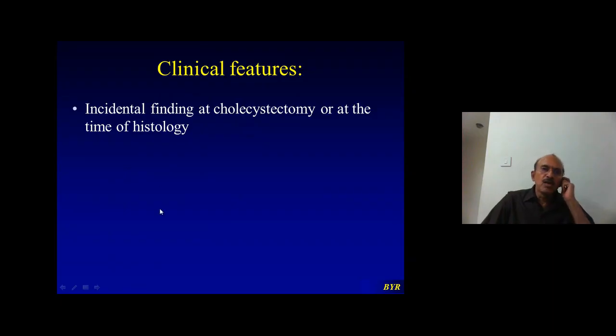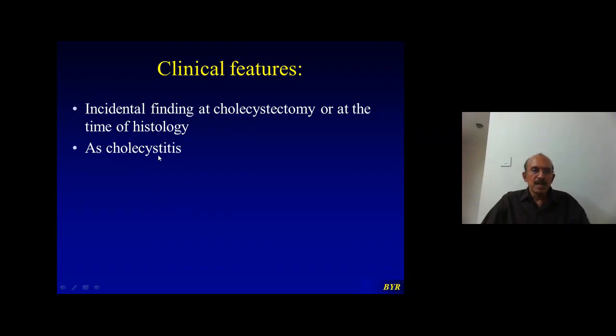That means when you are doing cholecystectomy for gallstones, you may notice a mass in the gallbladder. Or you did cholecystectomy and sent it for histopathology examination, and histology shows that there is a mass in the gallbladder. So the incidental finding is usually the presentation.